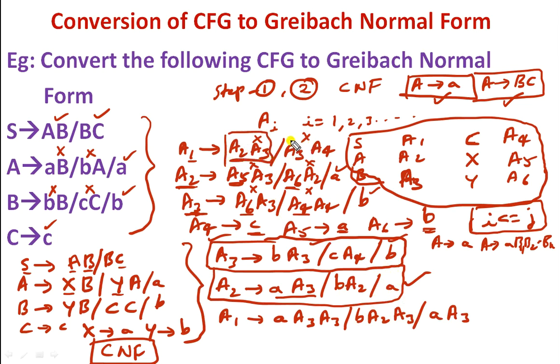In addition to that, A3 A4 is there. So now for A3, this production rule already exists. So substitute in that particular production rule. A1 generates A3 A4.